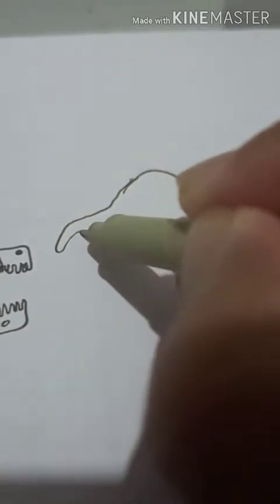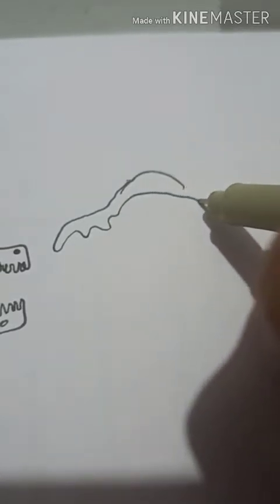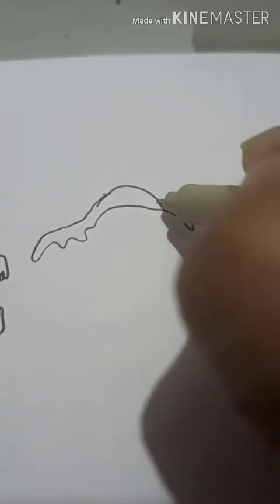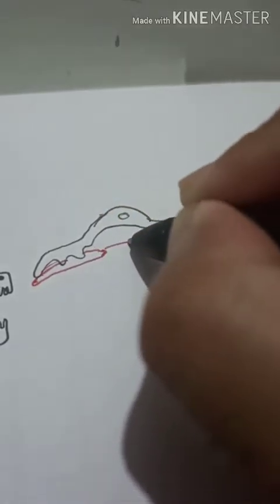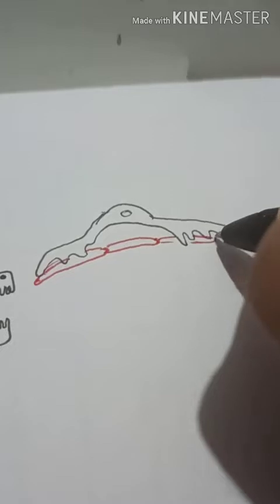This is a round epithelium. We have the nucleus right here, and it lies against the epithelium of the blood vessel.